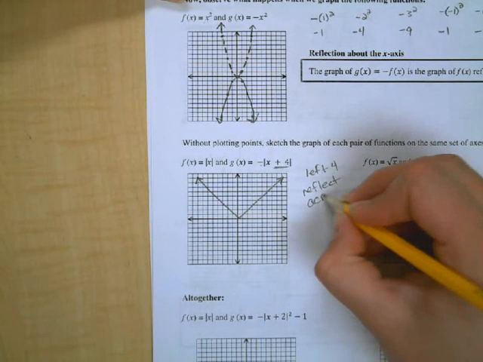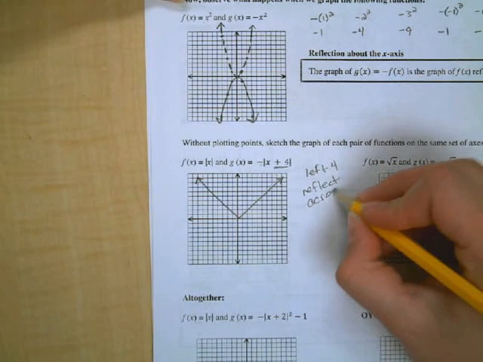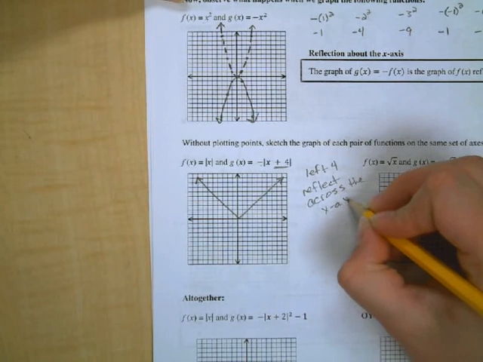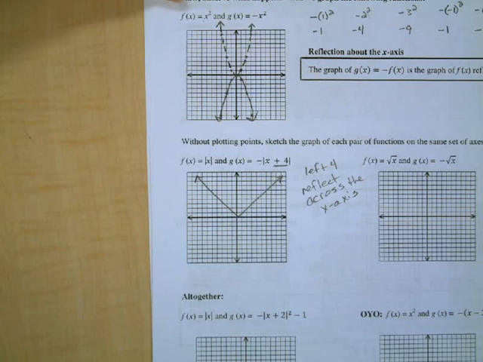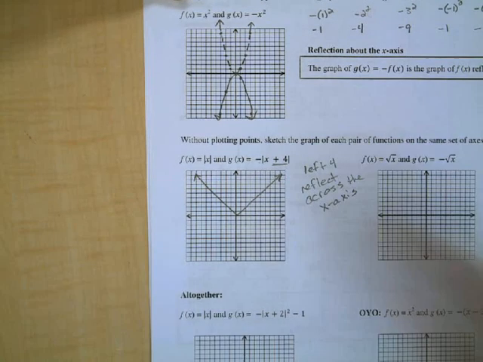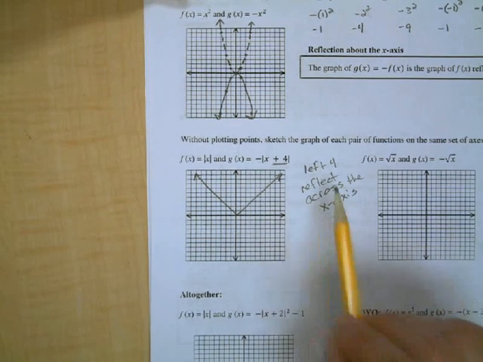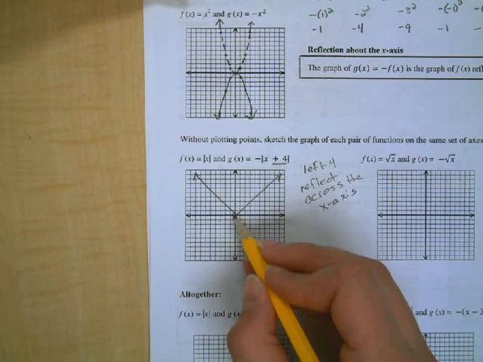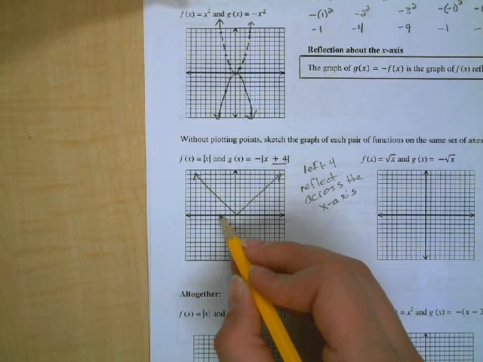If you want to say flip over the x, that's fine, reflect across the x-axis. If you don't want to say the axis, I'm fine with that too, but you do need to say that it is x, because we can flip across the y-axis. So reflect across the x-axis. So when I go to graph this, I will go left 4 units, 1, 2, 3, 4, left 4 units.